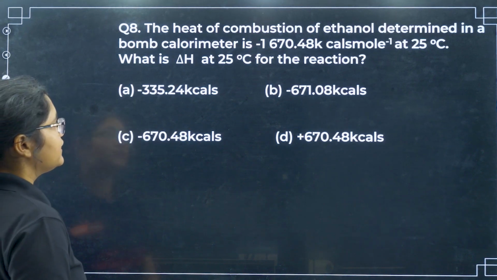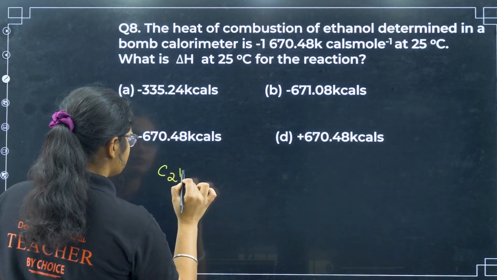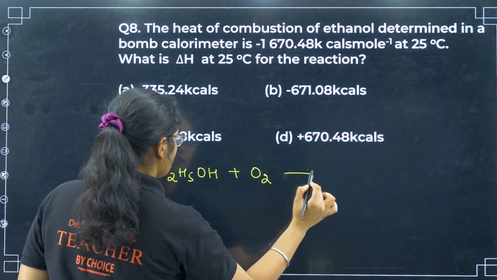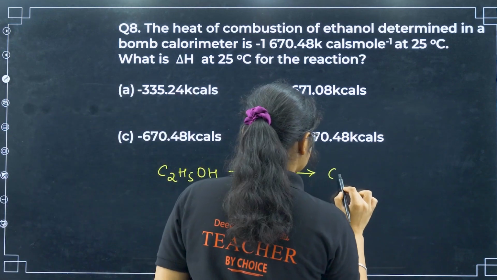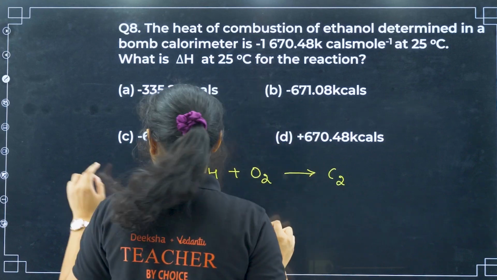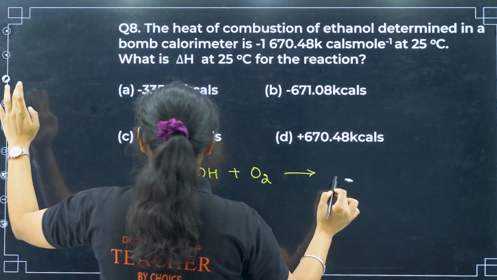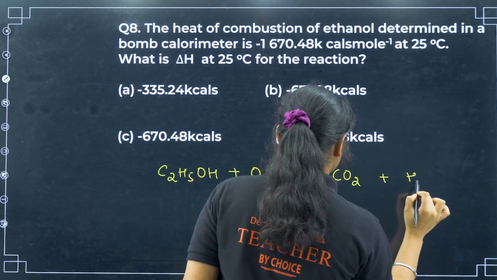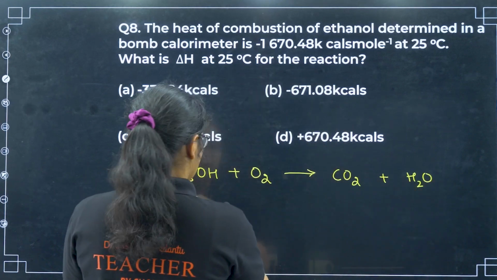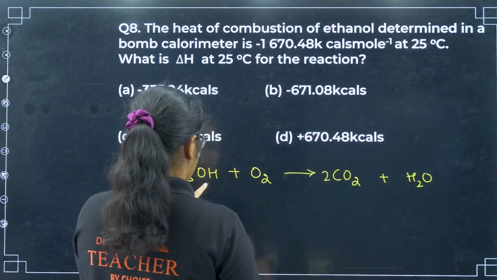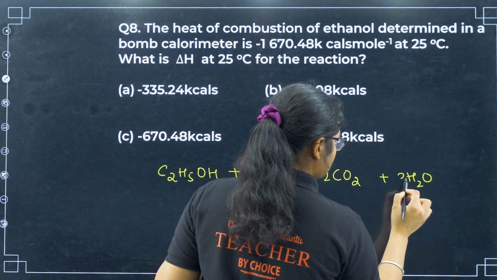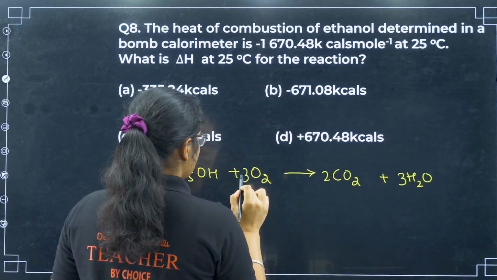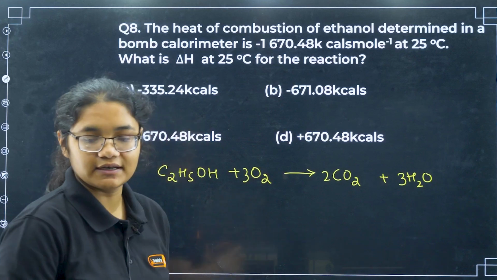So if I want to do the combustion of ethanol, C2H6O, I will get CO2 plus H2O. Now let us balance it. I have 2 carbon, I have 6 hydrogen, next I have 7 oxygen, so here it is 3 O2.